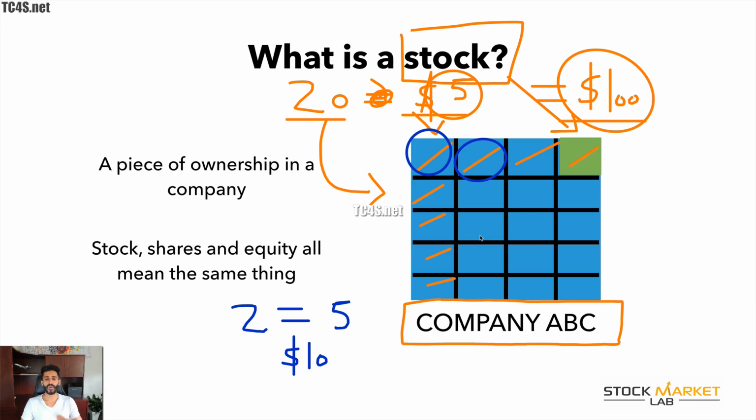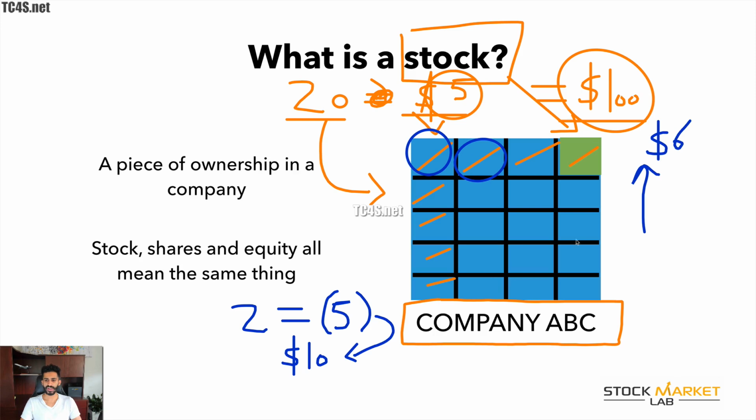So you go and you purchase 2 shares of company ABC. Each share you're paying $5, so you're paying a total of 10. Now what that means is if the company stock price goes up, let's say tomorrow the company's share price goes to $6 per share.